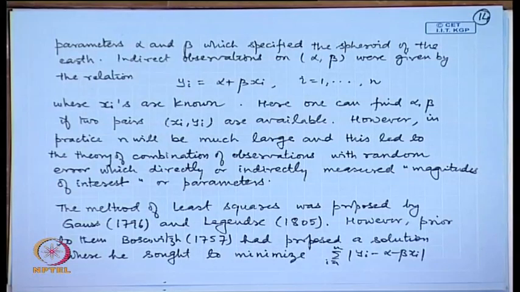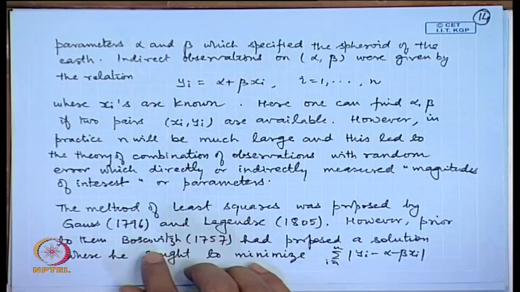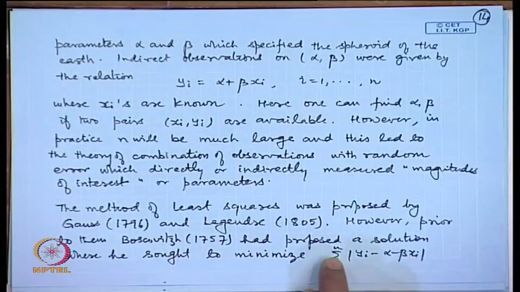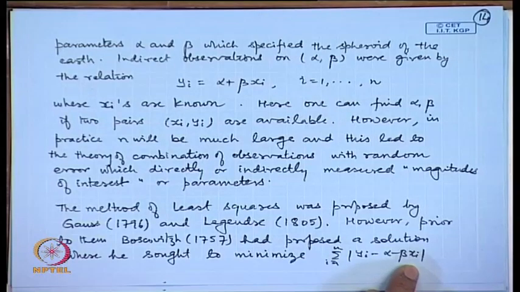However, this problem was studied as early as the 18th century by Gauss and Legendre, who came up with the method of least squares to solve this problem. Even before Gauss and Legendre, about 50 years before that, Boscovich in 1757 proposed a solution for this problem, where he sought to minimize the summation of modulus y_i minus alpha minus beta x_i.